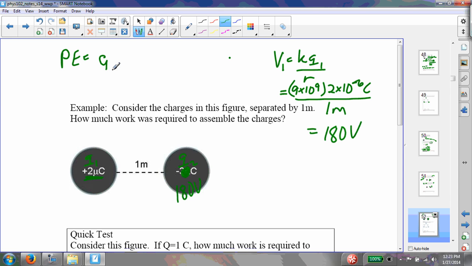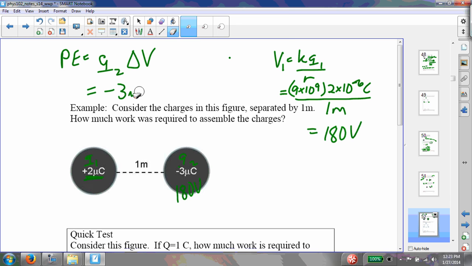And then my potential energy is going to be Q2 times the change in potential for Q2. Let's see, what is this charge? Negative 3 microcoulombs, or negative 3 times 10 to the minus 6 coulombs, times 180 volts.